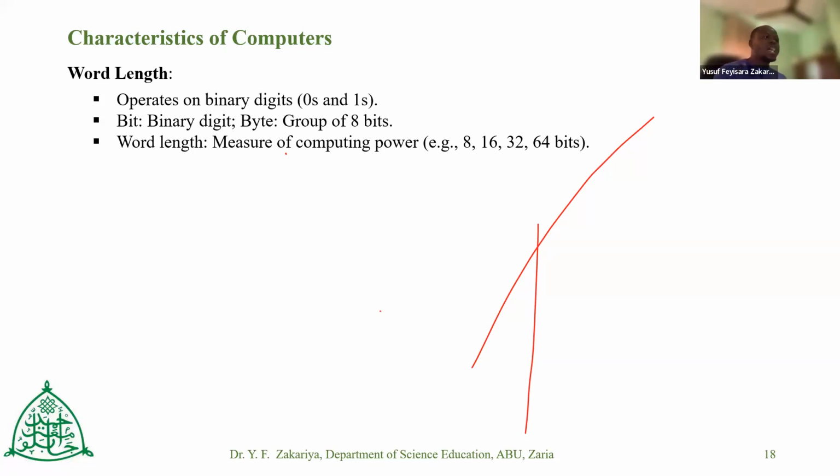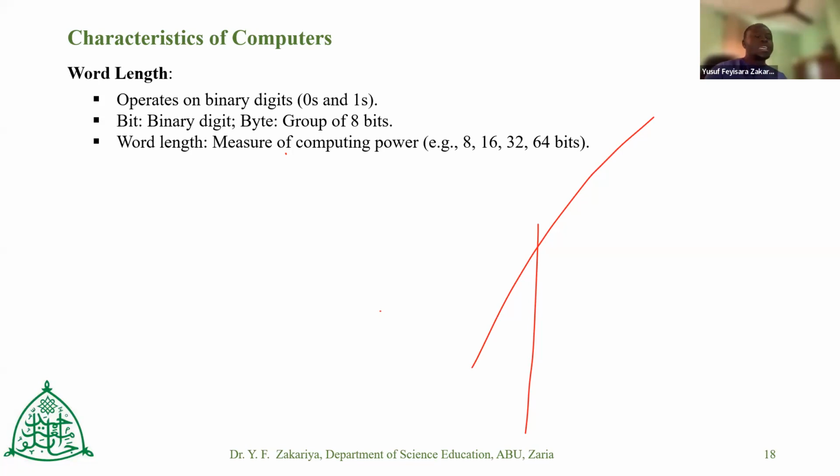So we have zeros and ones, the word length, and then the bits, the binary digits. And also the bytes. So the byte is 8 bits. Okay, a bit is 0 or 1, and 8 of them make what? A byte.